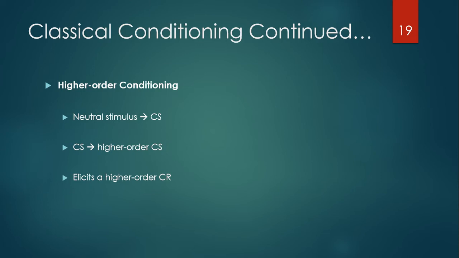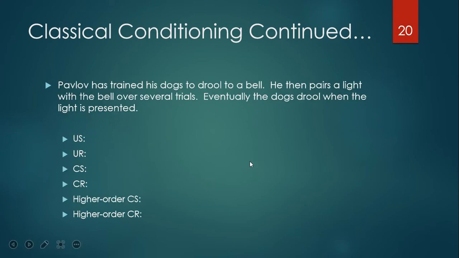We've got the unconditioned stimulus, which is learned to be associated with a conditioned stimulus. And now we've got our third, higher order conditioned stimulus, which is learned to be paired with a conditioned stimulus. And just a little bit of terminology here: a higher order conditioned stimulus is going to elicit a higher order conditioned response.